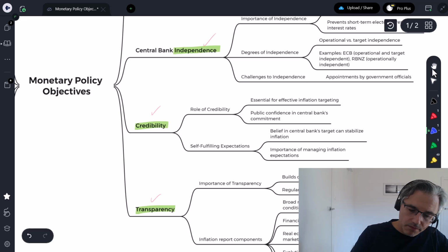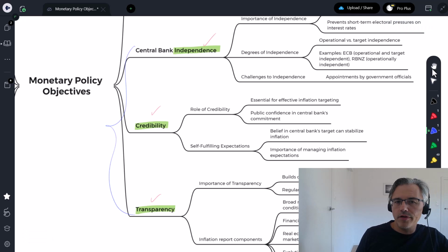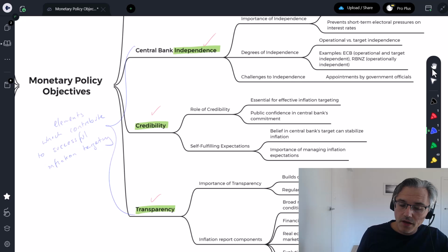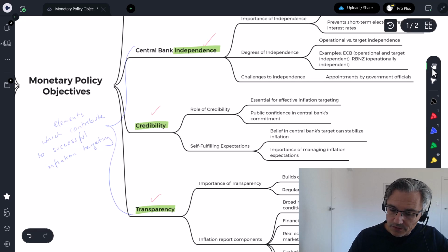Let me write over here that these are elements which contribute to successful inflation targeting. We will be exploring each of these one by one.